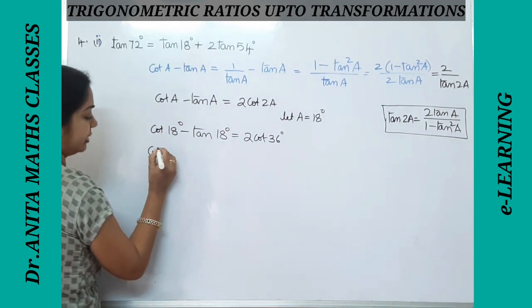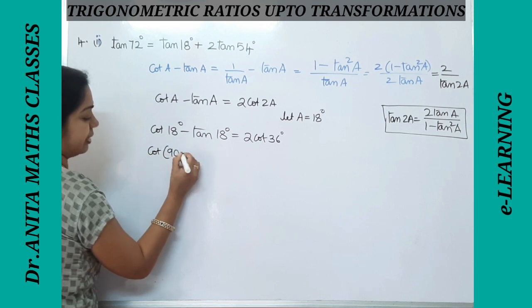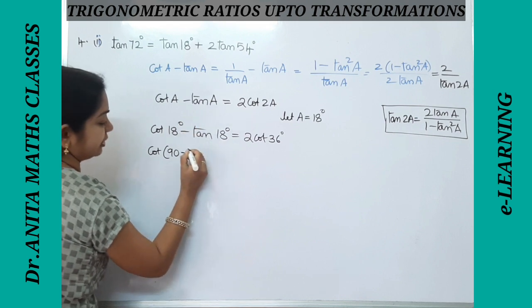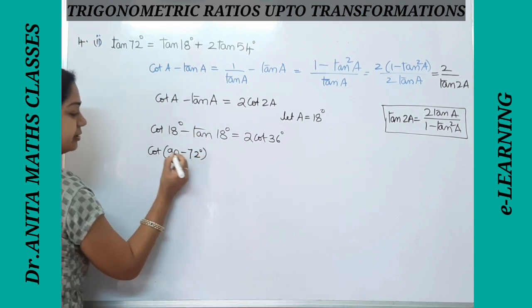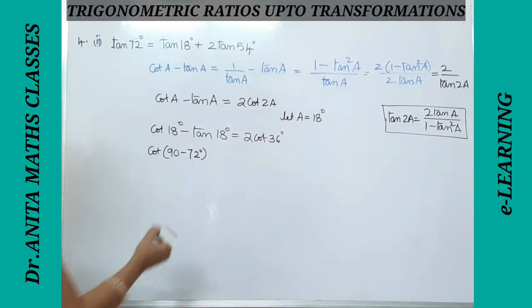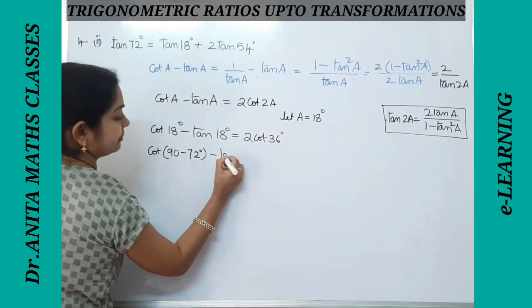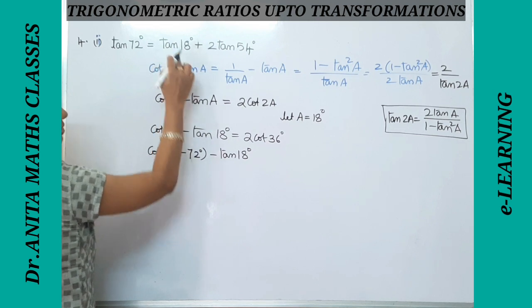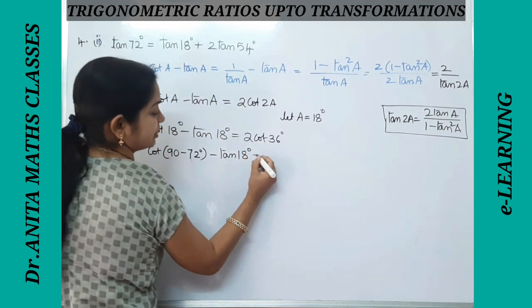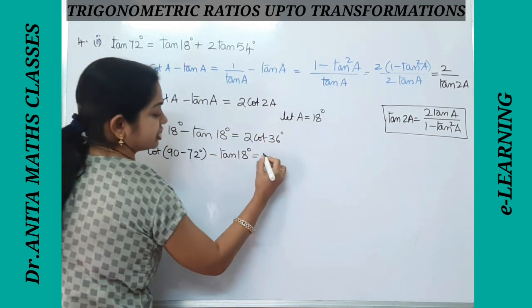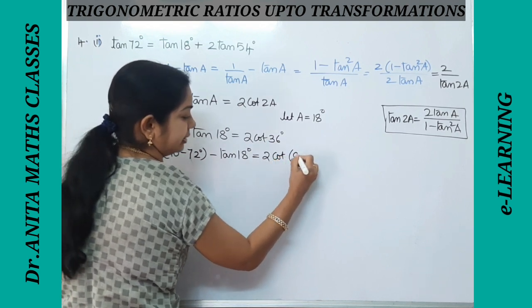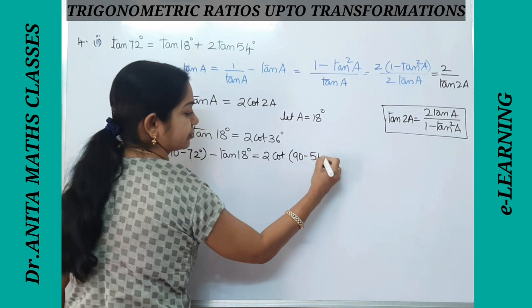Now cot 18 degrees, I can write it as cot of 90 minus 72, right? 90 minus 72 is 18. Minus tan a, let us keep tan 18 because the value which we have here is the same. Now here we will change 36 degrees to 90 minus 54.